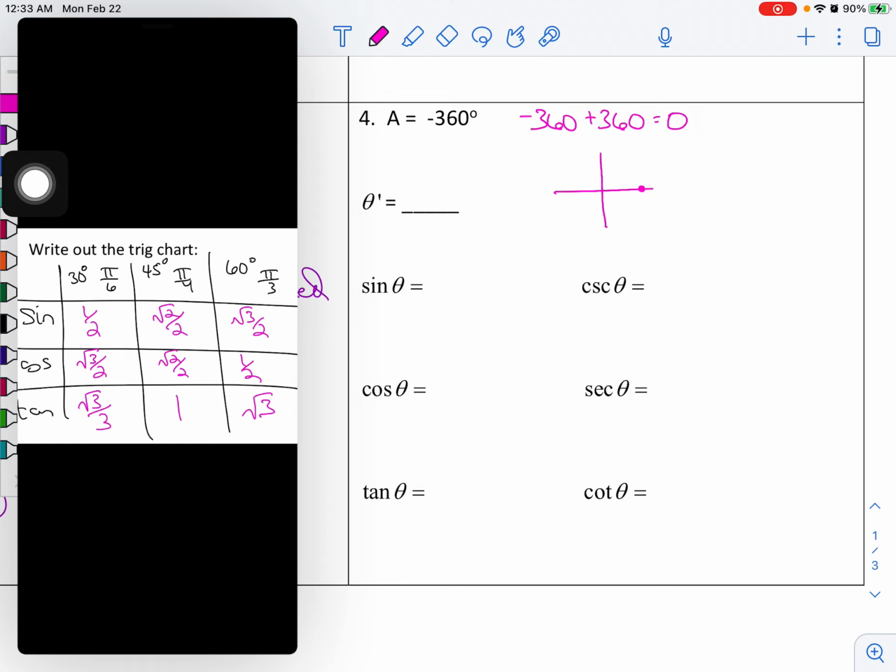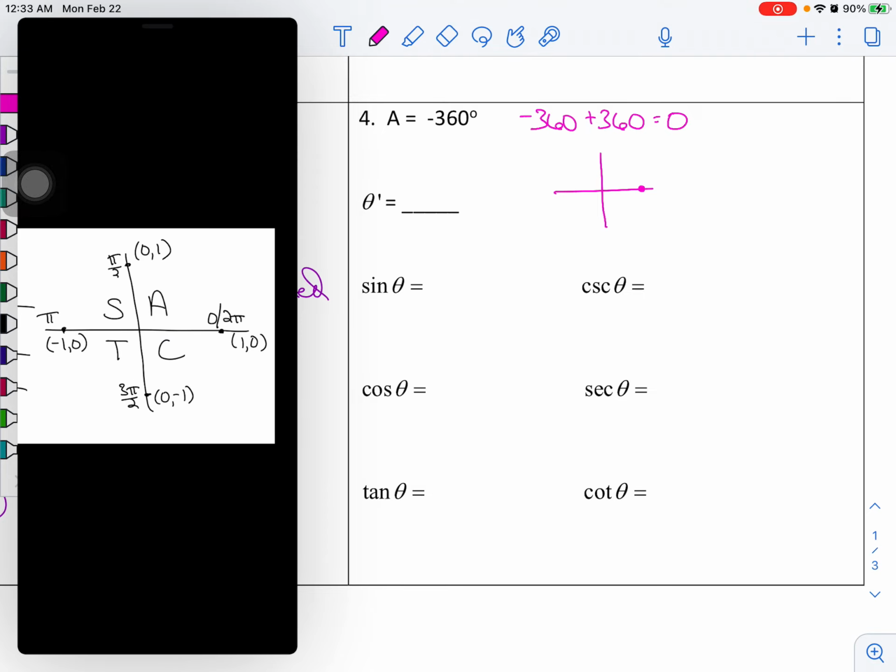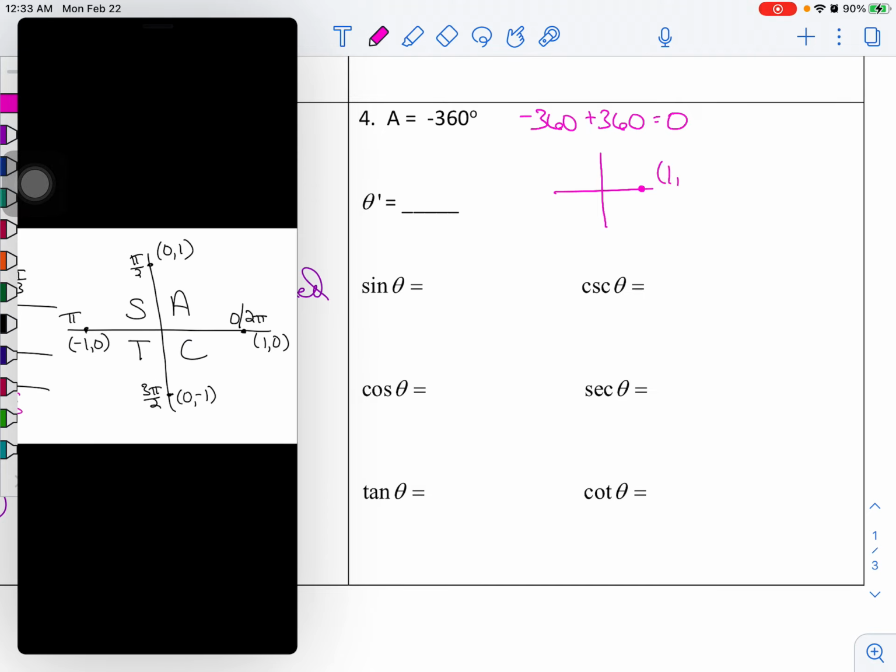I've got 30, 45, 60, but I don't have 0 degrees. But I know 0 degrees is right here on the x-axis, and that's the point (1, 0), which is cosine theta, sine theta. So in this case, sine is 0, cosine is 1, and tangent is sine divided by cosine, which is just 0.